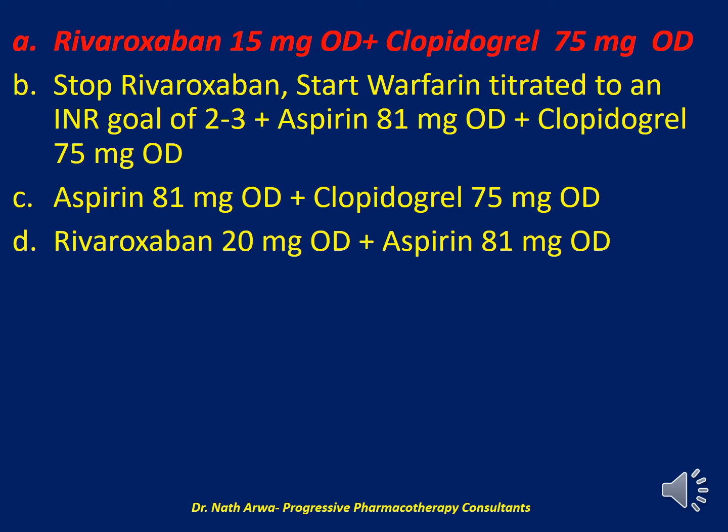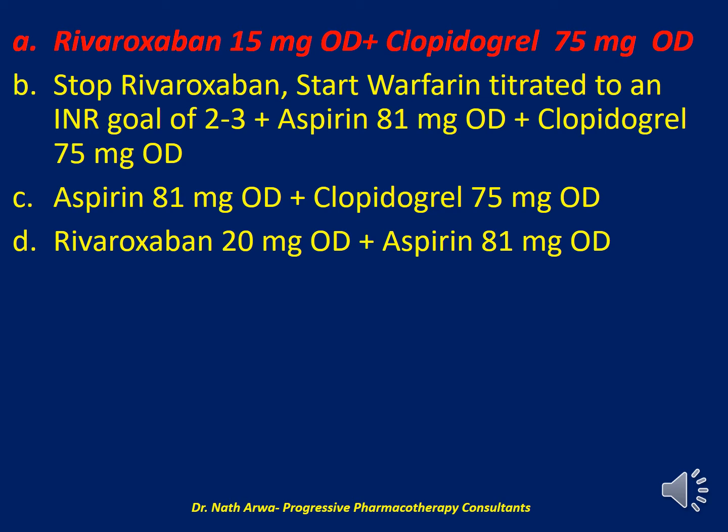Now, aspirin plus clopidogrel alone wouldn't be a correct choice because discontinuing anticoagulation would increase the patient's risk of stroke, because he has non-valvular atrial fibrillation. He will still require anticoagulation for his AFib, and the antiplatelet agents, that is aspirin and clopidogrel, for his coronary artery disease status post a PCI.